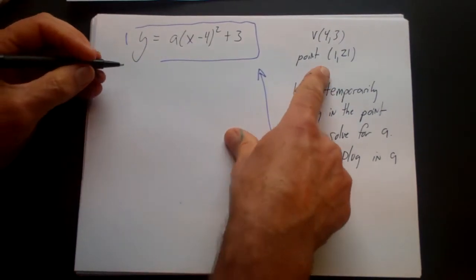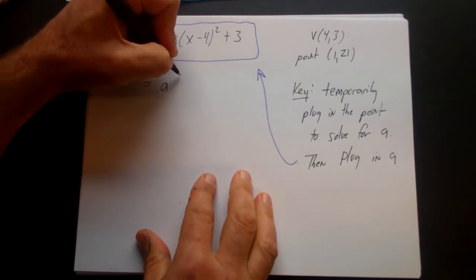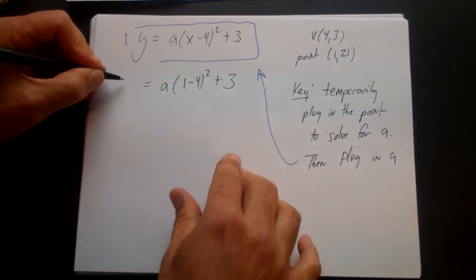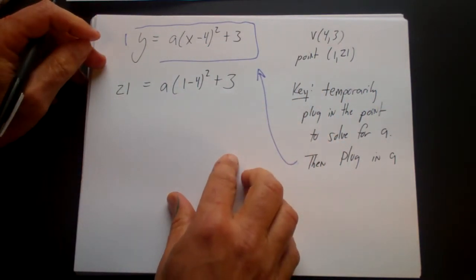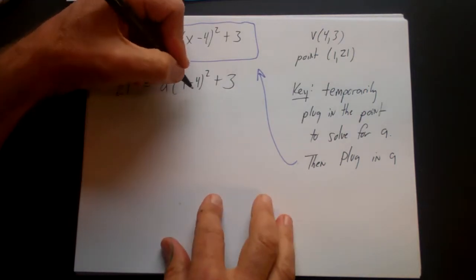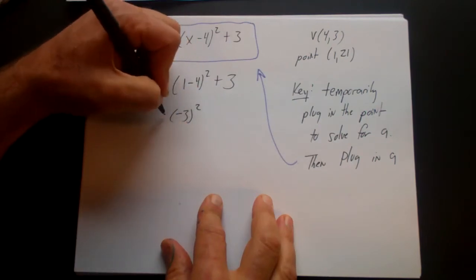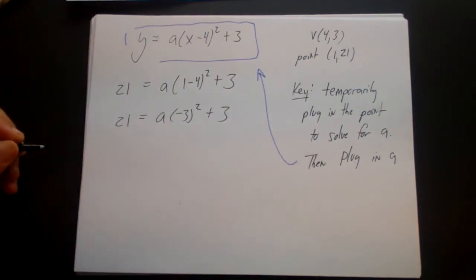So I'm going to plug in (1, 21). So x is 1, so I'll plug in a 1 there. So I get a(1 minus 4) squared plus 3. And where the y is, I'm going to plug in the 21. Now I'm going to simplify this. I'm going to do the parentheses first. So that's 1 minus 4, which is a negative 3. Negative 3 squared times a plus 3 is equal to 21.